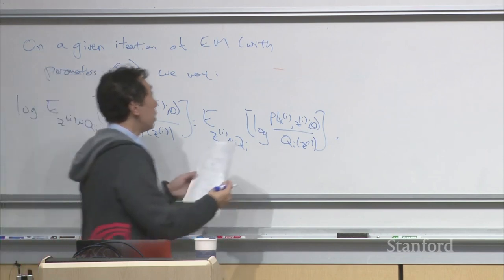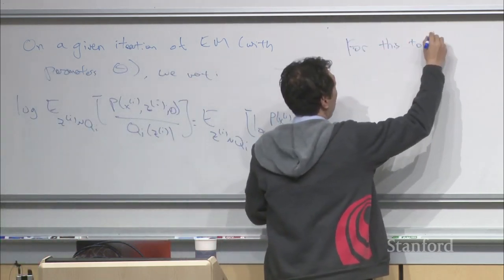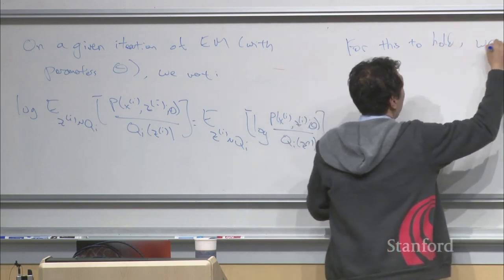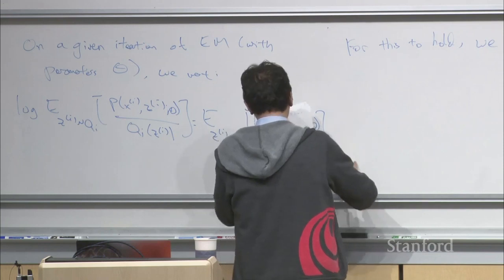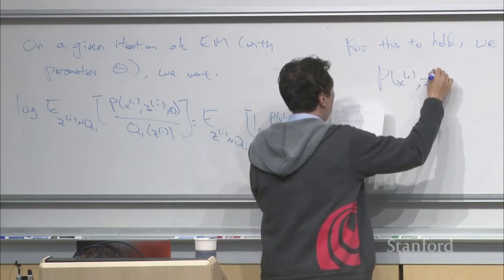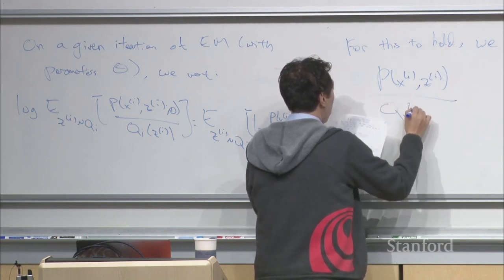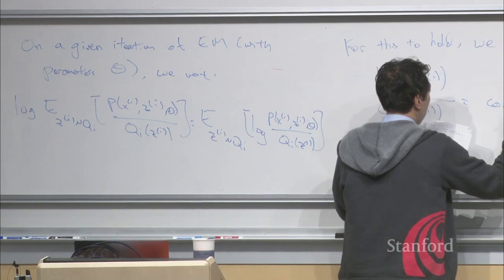And so for this to be true, we need the random variable inside to be a constant. So we need p of xi, zi divided by Qi of zi to be equal to a constant.